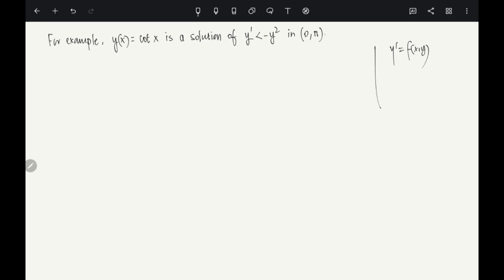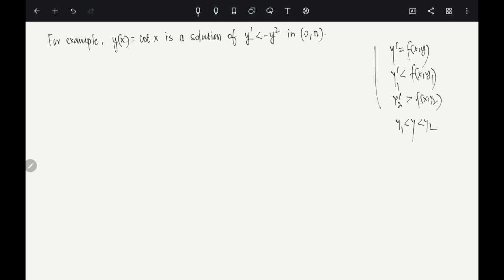You find two functions: y1 such that y1 prime is less than f of x, y1, and y2 such that y2 prime is greater than f of x, y2. Of course some initial conditions should be there, and you want your y to lie between y1 and y2. You understand?